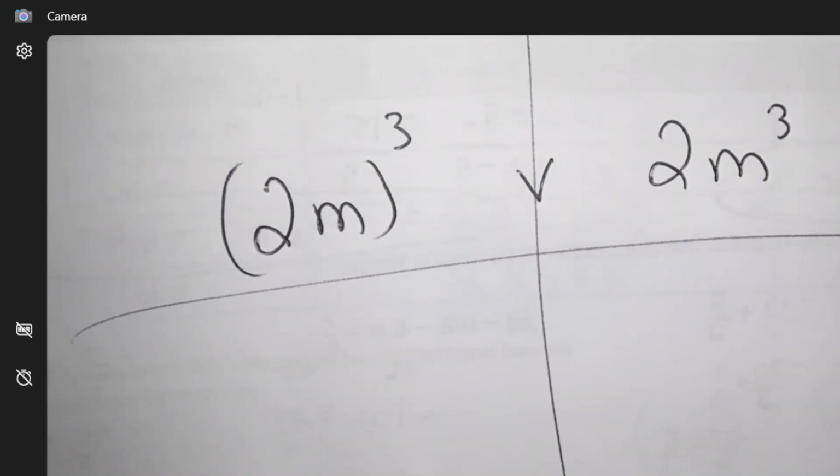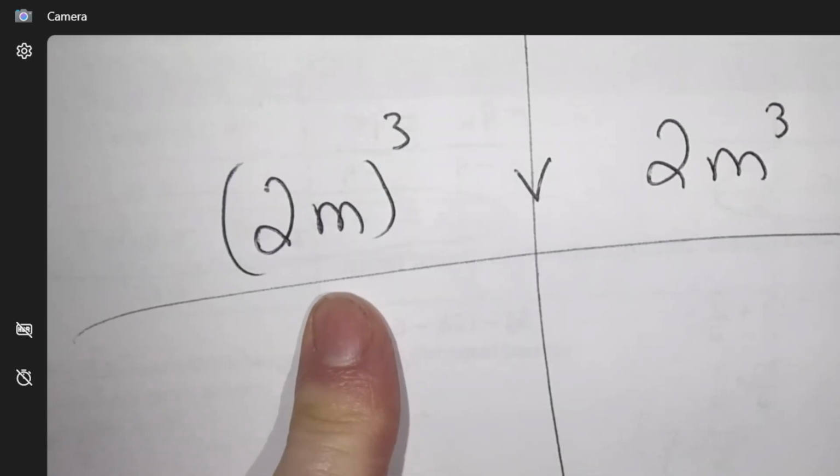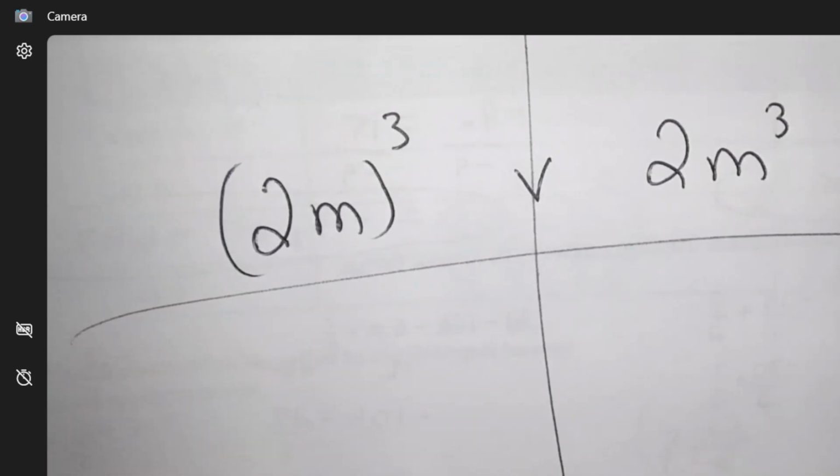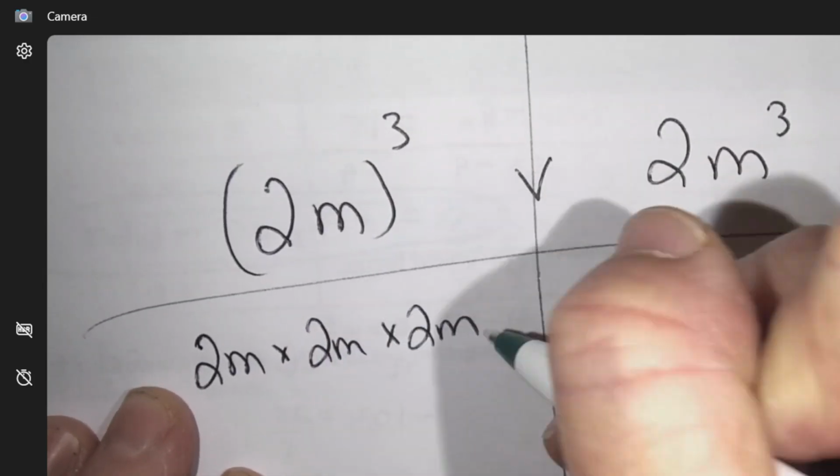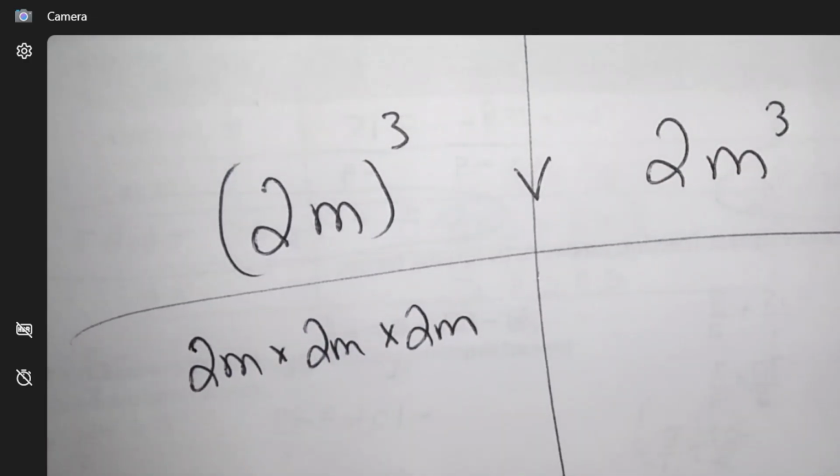What am I doing? Okay, so this one, what is the base? 2m. And 2m gets repeated 3 times. Does that make sense?